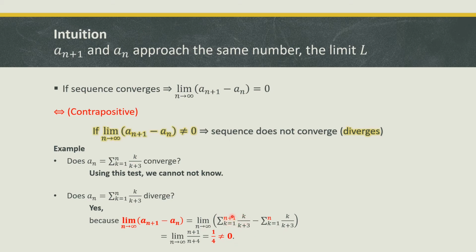So the n plus first term is just n plus 1 all over n plus 4. And if we take the limit of that, as n approaches infinity, we obtain 1/4, which is not equal to 0. And therefore, this is satisfied, and we can say that this series diverges.